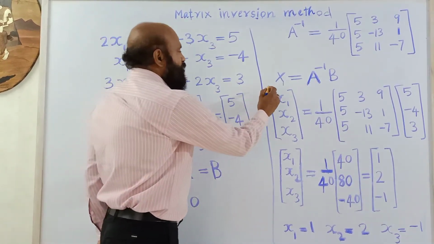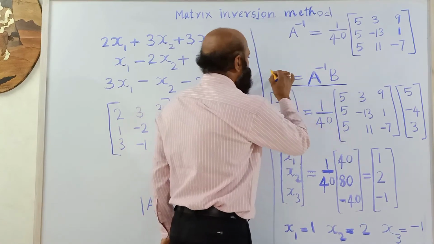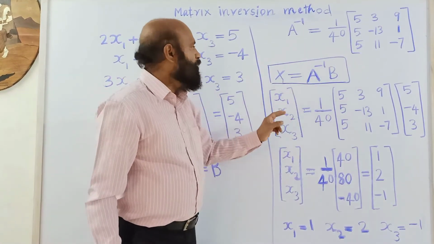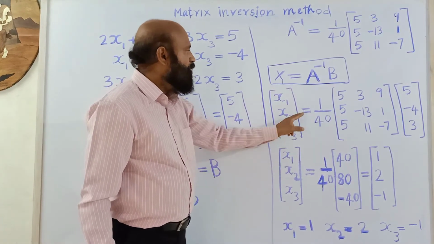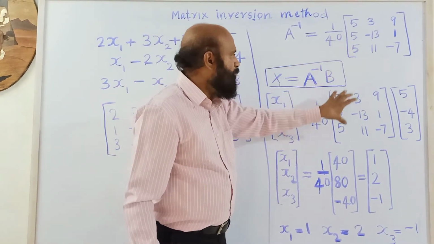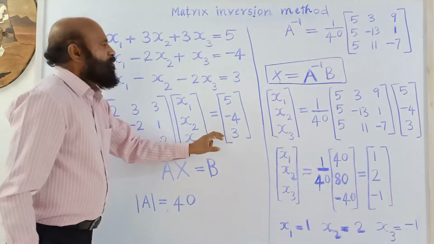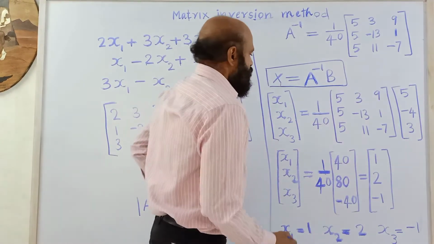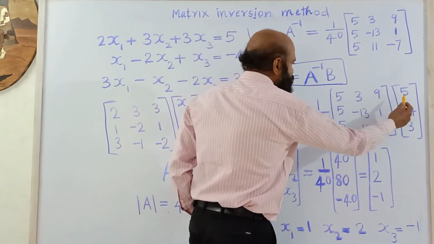Then the solution is given by this formula. X is equal to A inverse into B. X is the solution set. Then A inverse is this matrix and B is the matrix of these constants. Then multiply these two matrices.